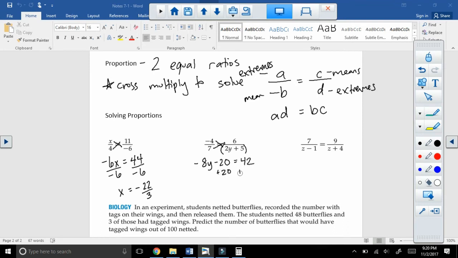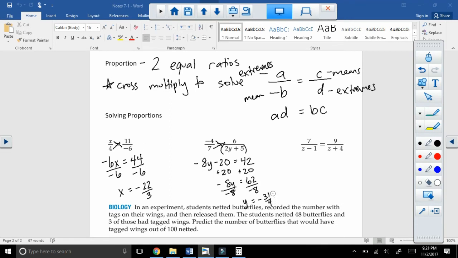And then you can finish solving that. So you have -8y equal to 62, and then when you divide them each by -8, this doesn't divide evenly, so if you want to leave this as a fraction, you could. You can divide each of those by 2, so that'll be -31/4, or if you'd rather change that, that's going to be -7.75, or -7 3/4 if you'd rather write it that way.